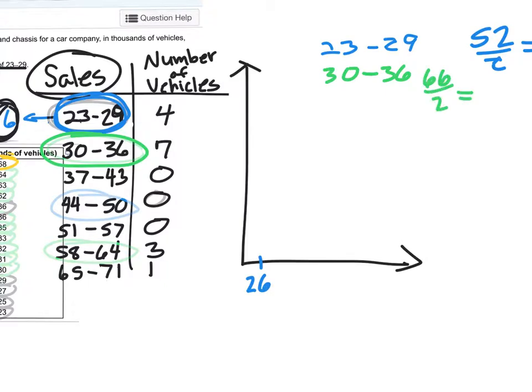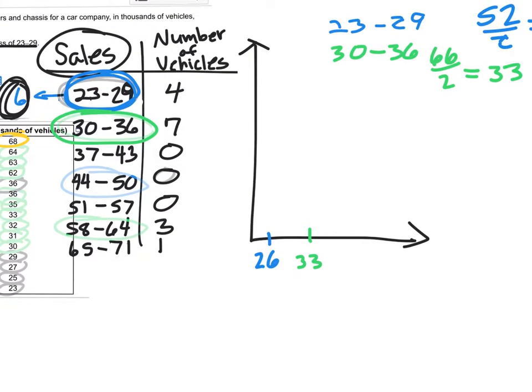And 66 divided by 2 is 33. So my next bar will be centered above the number 33. I think you get where I'm going with this. So I'm going to find the midpoint for all of these other classes. And it might be a good idea for you to pause the video and try to figure out what those midpoints would be yourself, and then restart the video and check with me in a second.